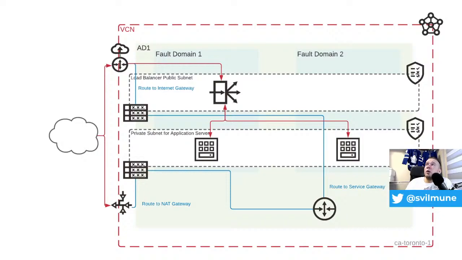Then we're gonna look at the security lists and network security groups to restrict the traffic, and we're also gonna look at the route tables to see how we can route traffic through NAT gateways, internet gateways, and service gateways, and what they are. So let's see how that goes, and if we run into any issues.